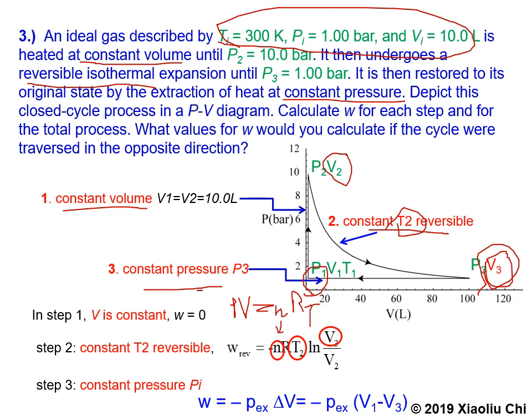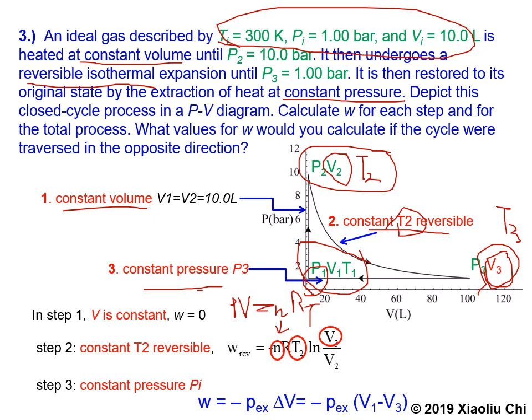To calculate the number of moles from the initial state. How do you calculate T2? Okay, so note that the T2 temperature is all the same. Here you have T2, right? Here you have T3. But T2 is equal to T3. If you look at the initial state, you have P1, V1, T1. You have P2, V2, T2. And we know P1, V1, T1, P2, V2, we don't know T2.